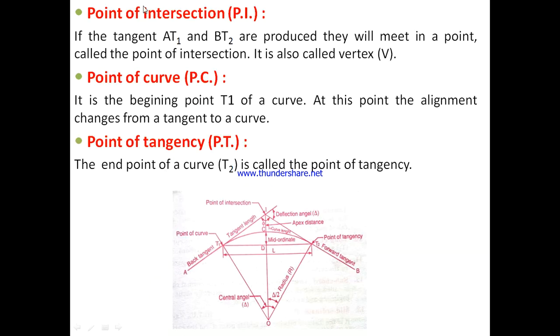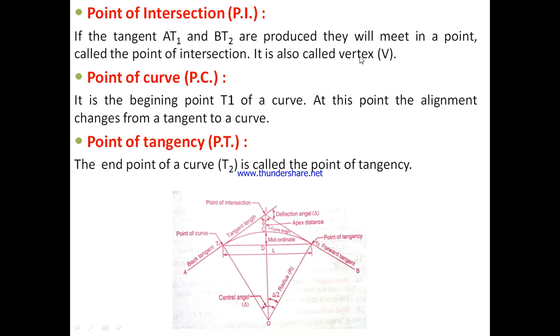The next one is point of intersection. It is called as PI. If the tangents AT1 and BT2 are produced, they will meet at a point called the point of intersection.